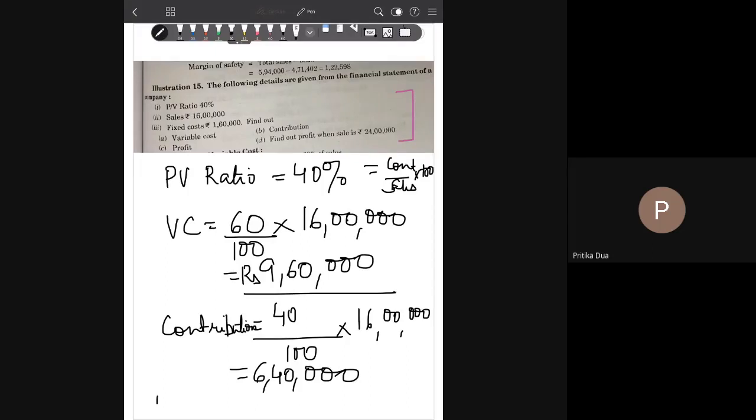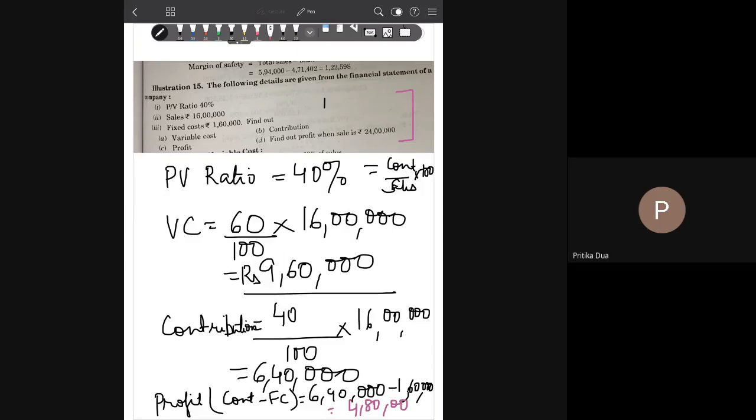So 6,40,000 minus 1,60,000, which you are getting as 4,80,000. Okay, class.